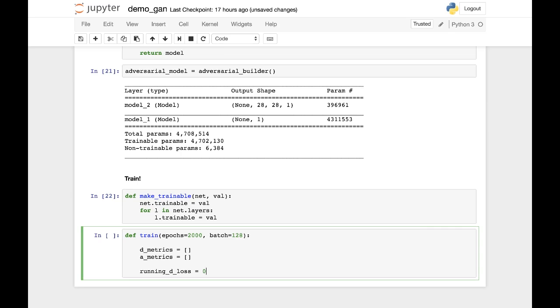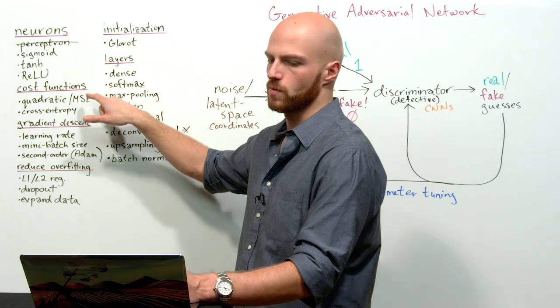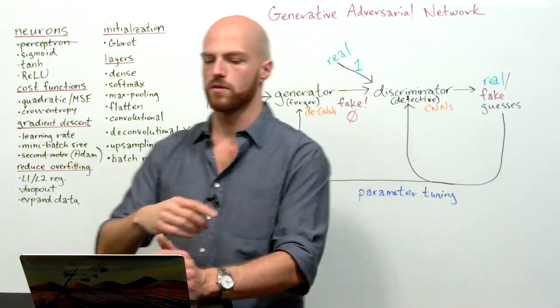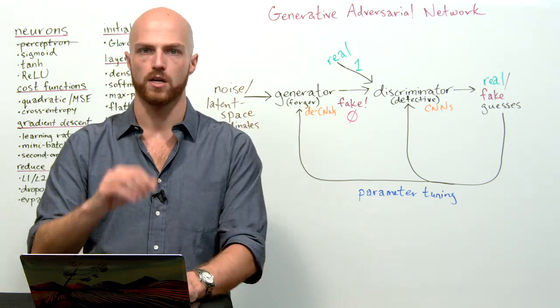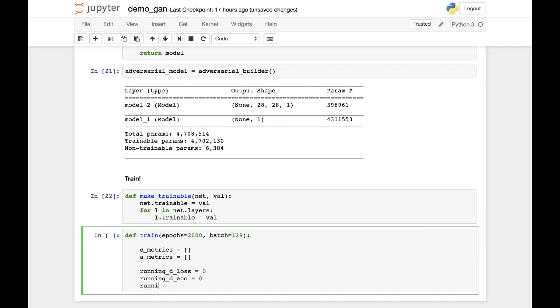So it starts as a 0. So here we're watching our loss, our cost function that we're trying to minimize. So we're going to watch our cost function as we train the network in both the generator and the discriminator. So here's the running discriminator loss. And we also have our running discriminator accuracy. So what percentage of images is it correctly classifying as real or fake? We can observe that change over time by tracking this. And we're going to do the same with our adversarial network as well.